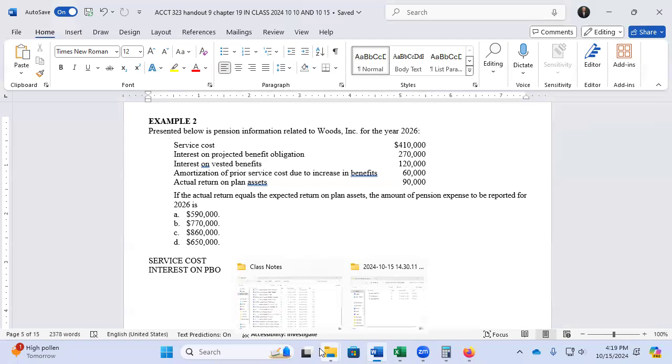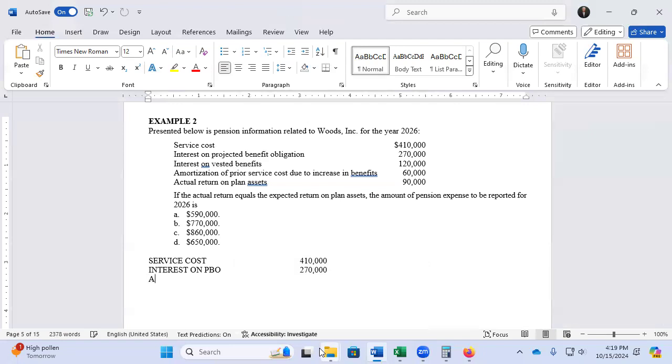Amortization of prior service cost due to increased benefits. That is included, and that's 60,000. And then your return on plan assets. In this case, this is going to reduce because we have a $90,000 return.